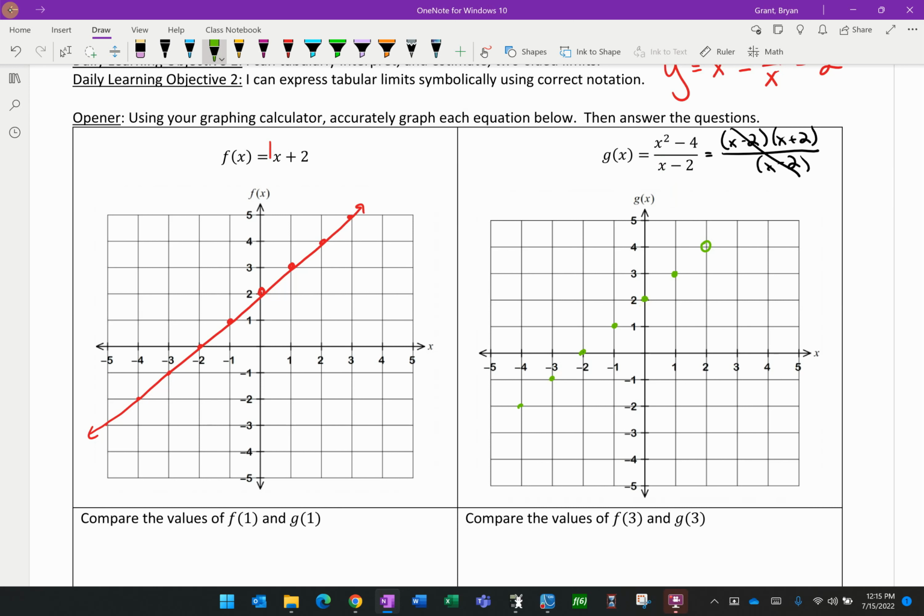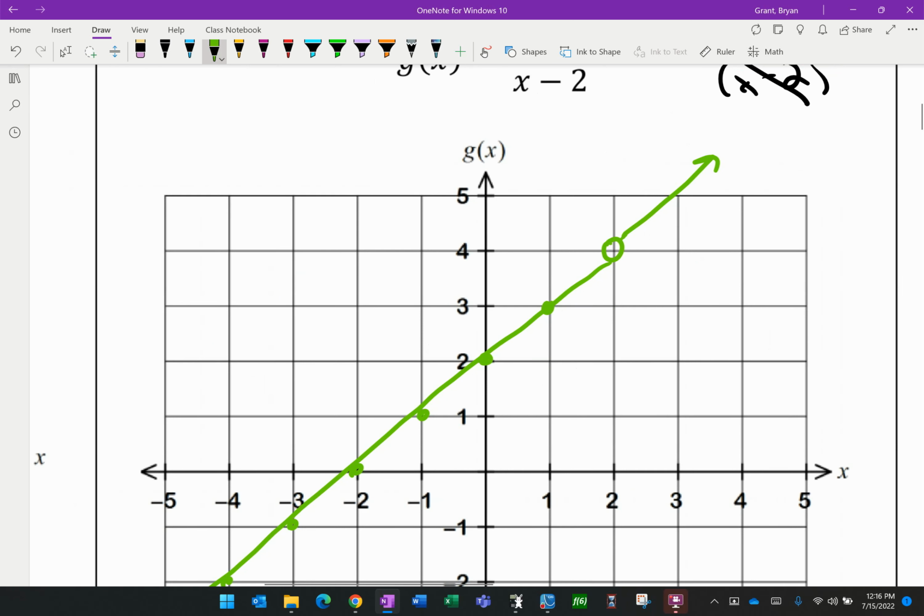We can see, though, that these graphs pretty much look the same, except for that one point at that hole. Now, sometimes it confuses students to see a hole in a graph here, and they think, what does that hole really mean? Well, it's better to understand that there isn't actually a circle there. We mathematicians put a circle there to make it obvious that there's a hole, but what it really means is that at this one particular x value, x equals 2, there is a gap in our graph.